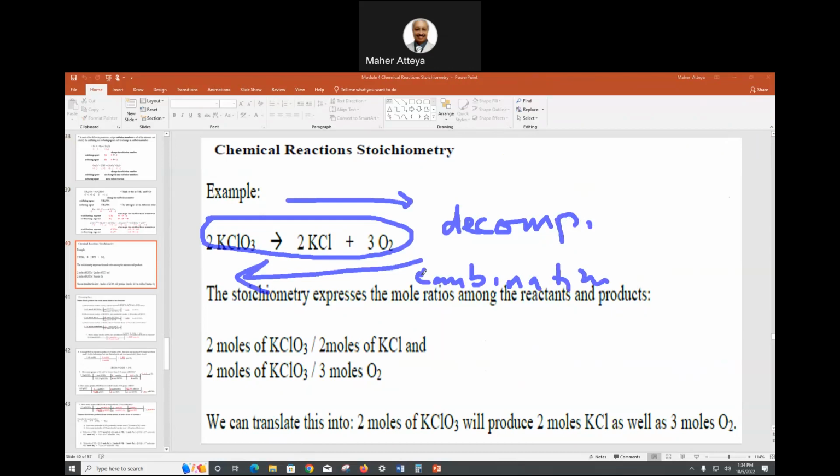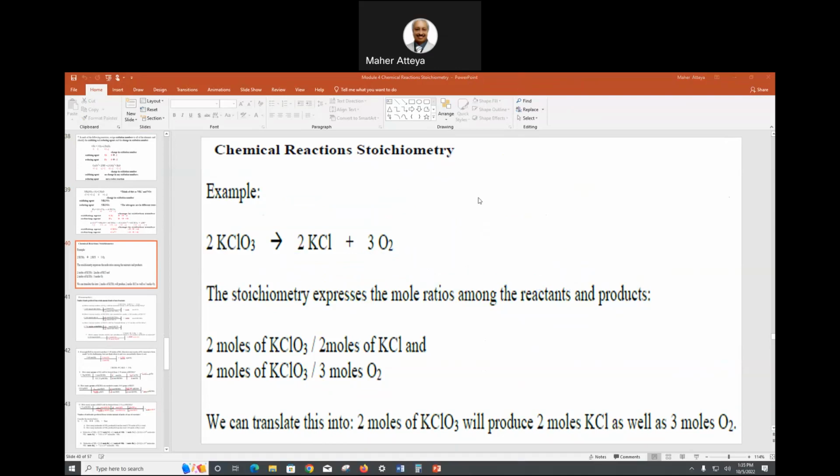Combination means 2 or more compounds come together to produce a single compound. If you are producing a single compound, that's called combination or synthesis, correct? We have to know the type. Did I put some questions? Yes. Is it coming in the ACS exam? Yes. Those types of chemical reaction are very, very important. They will come even in 12. Those reaction types, we have to know how to deal with them.